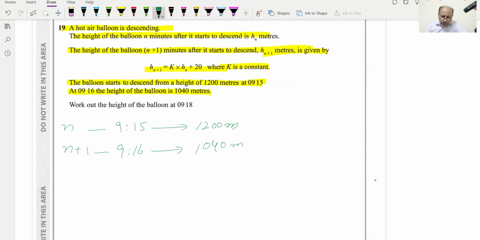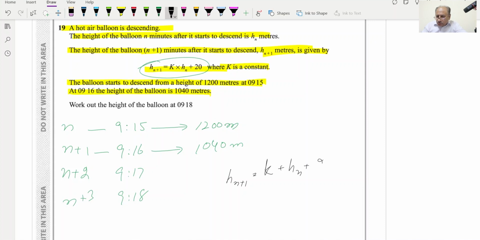Now similarly, this will be n plus 2, this will be n plus 3, and we can write on this given equation, h(n+1) = k × h(n) + 20.